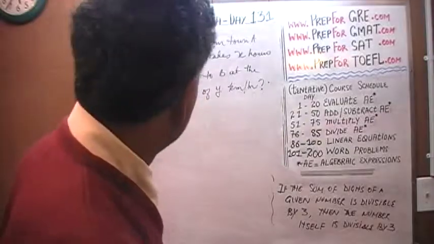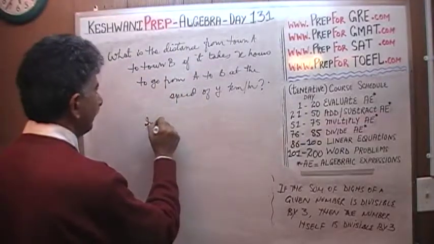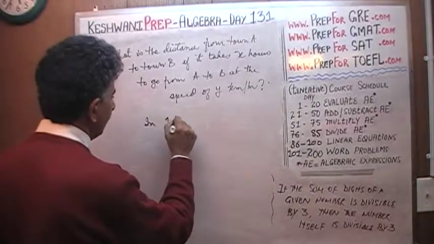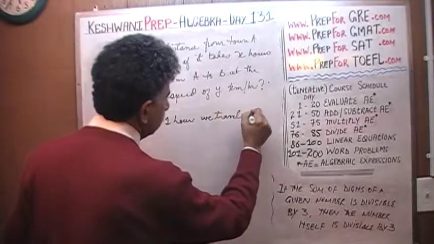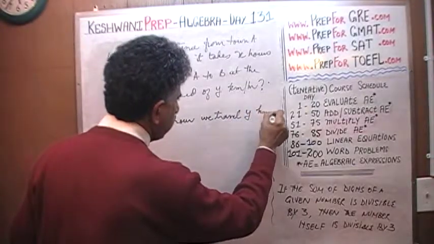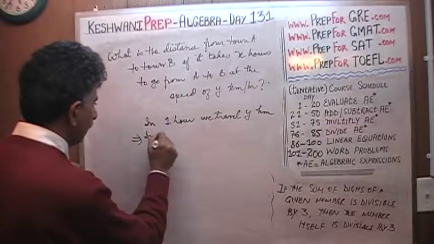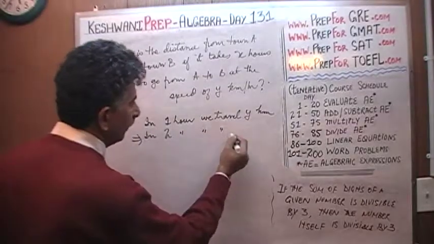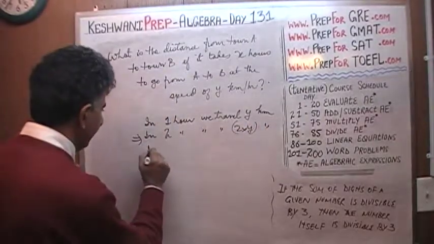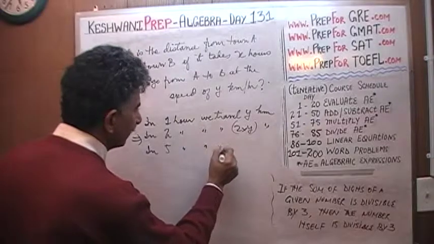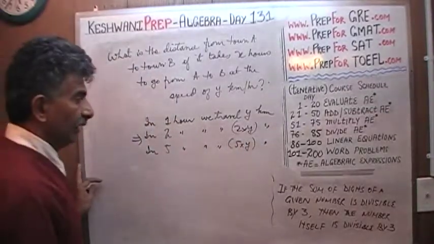So we're traveling Y kilometers per hour. Y kilometers in 1 hour. Well, if in 1 hour we travel Y kilometers, that implies that in 2 hours we must travel 2 times the amount. And in 5 hours we must travel 5 times Y kilometers.